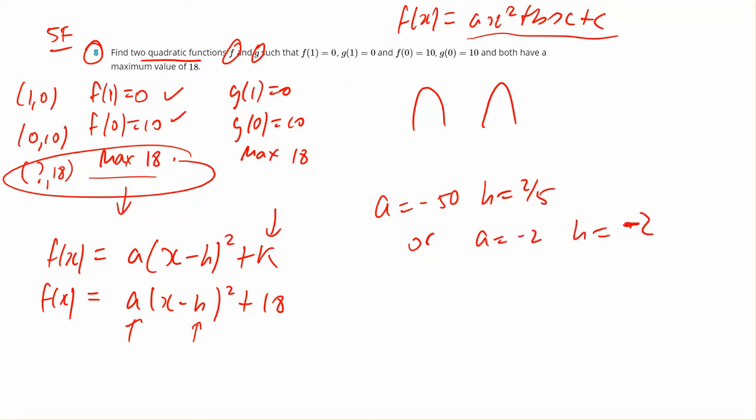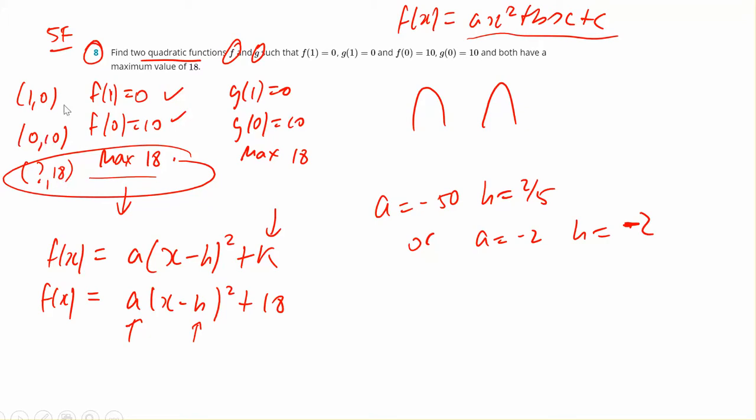What that means is, if you look at the data, these are exactly the same conditions: f(1) equals 0, f(0) equals 10, and g(1) equals 0, and g(0) equals 10. What this is telling me is that there are actually two possible parabolas that satisfy the condition of an x-intercept at 1, y-intercept at 10, and a maximum value of 18.